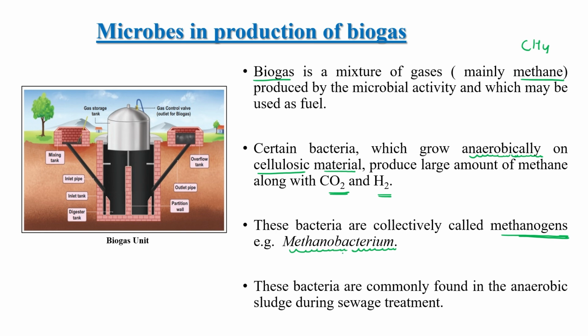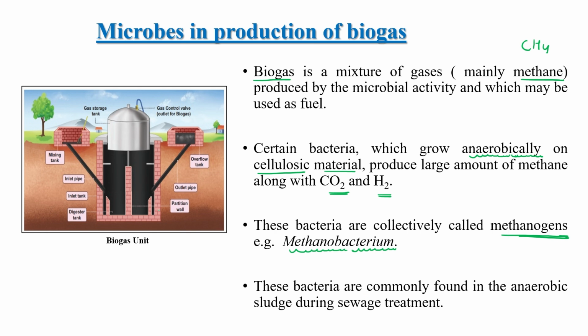After digestion of cellulosic material, they release these gases, which are utilized as biogas. These bacteria are commonly found in anaerobic sludge during sewage treatment, which we have just discussed.